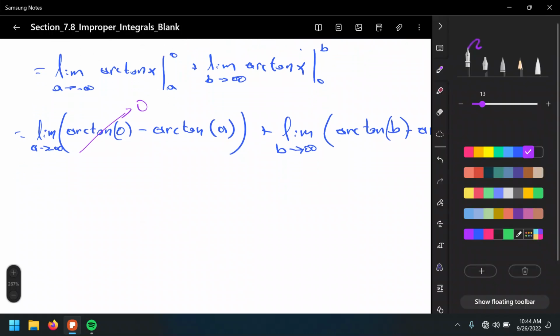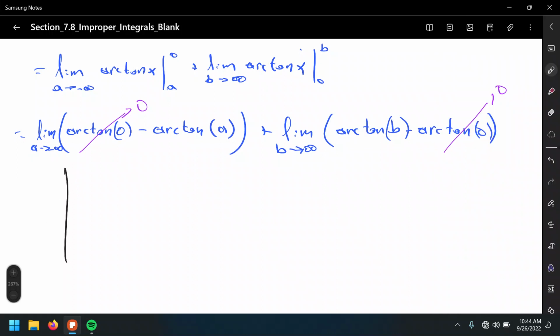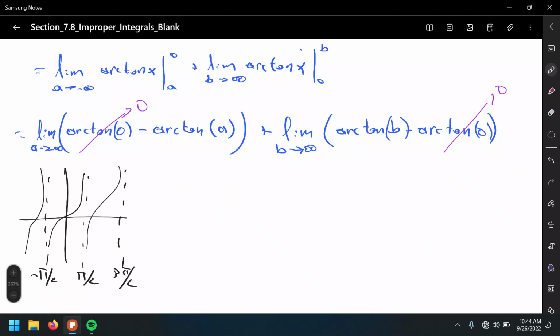It would be a good idea to recall where this graph is coming from. Recall that the tangent function looks like this, and we have vertical asymptotes at negative pi over 2, pi over 2, and 3 pi over 2, actually at odd multiples of pi over 2.